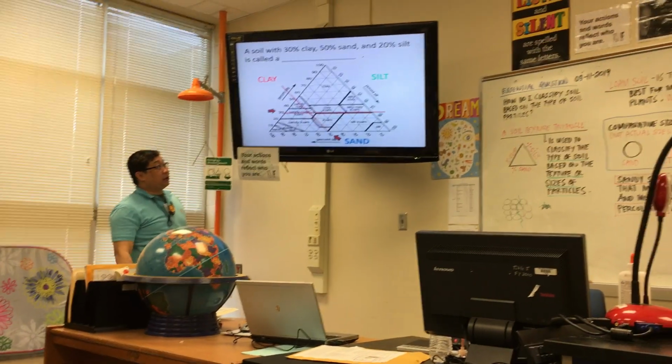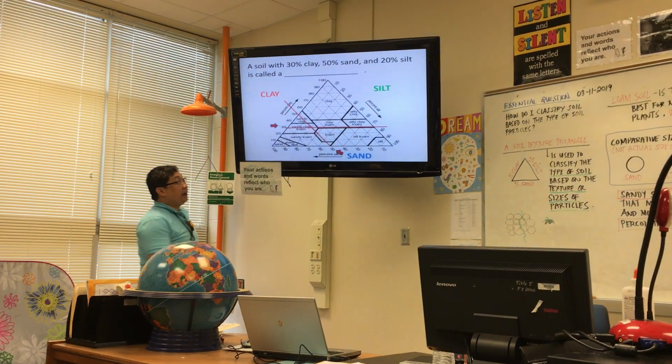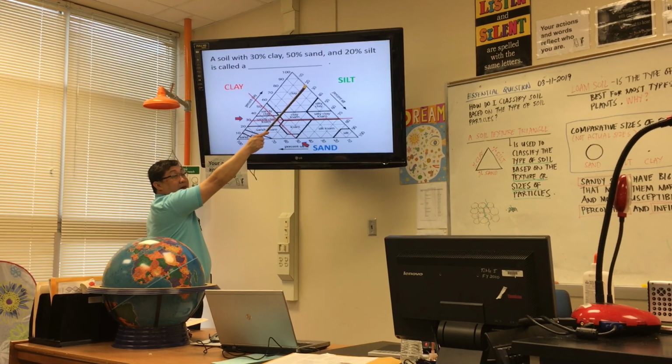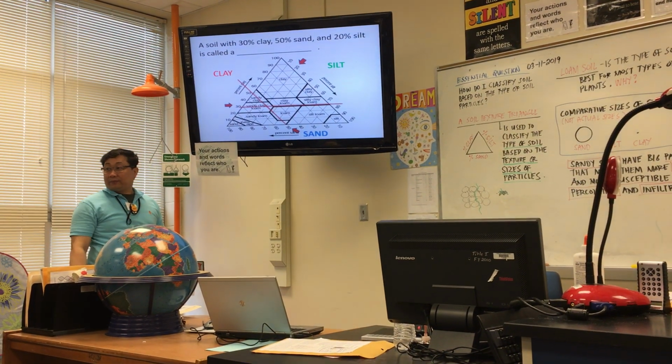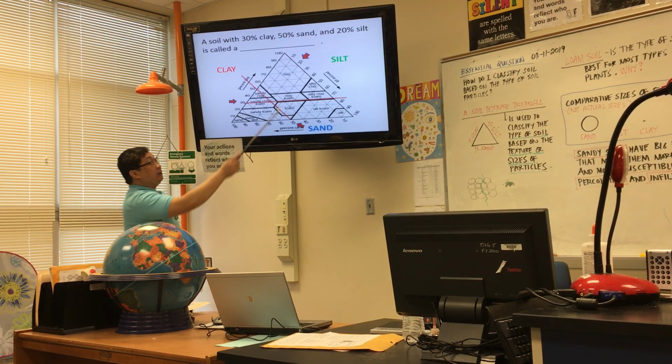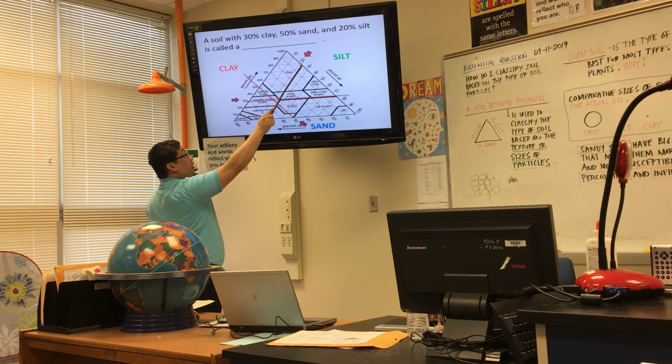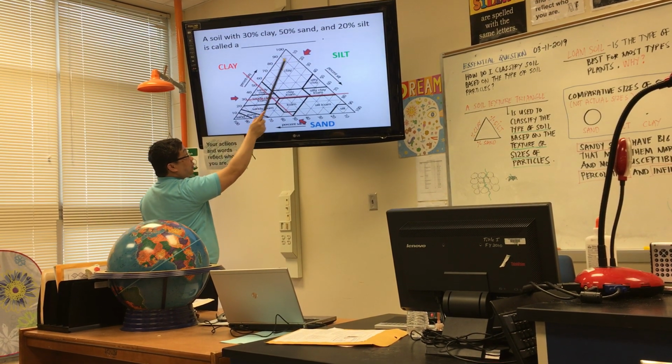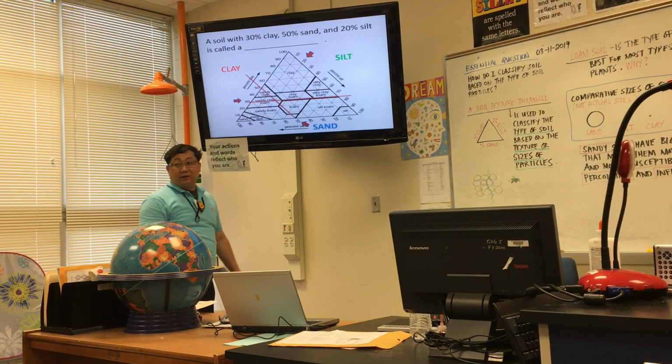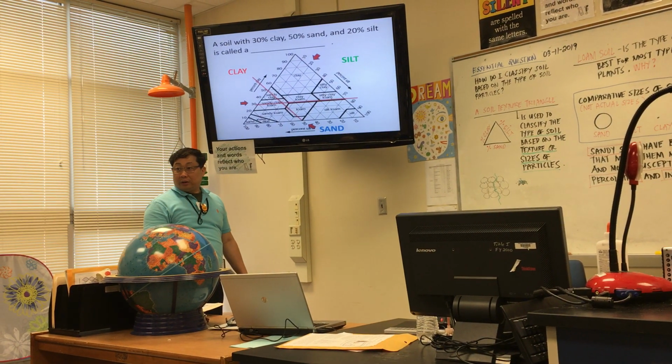And the third one is 20% silt. And silt is on the right side of the triangle, and it says 20% right there. So, draw a line. You have two options here. You draw the horizontal line, or you draw the diagonal line downward to the left.